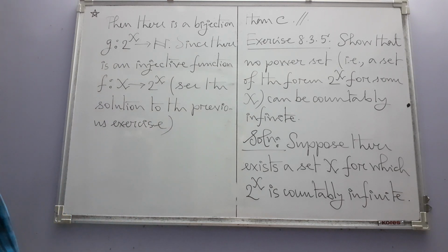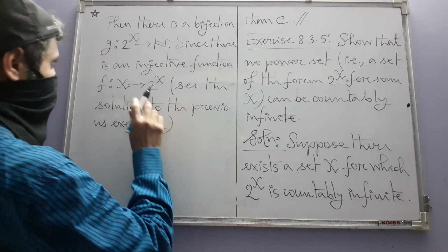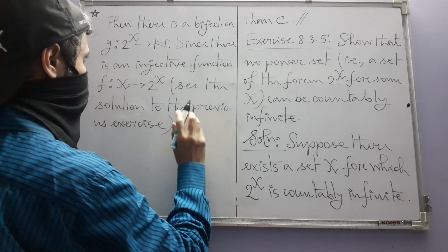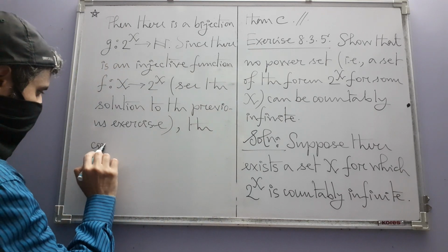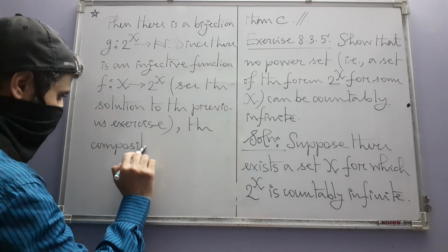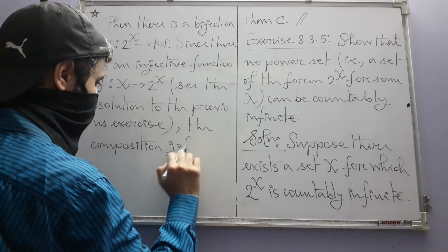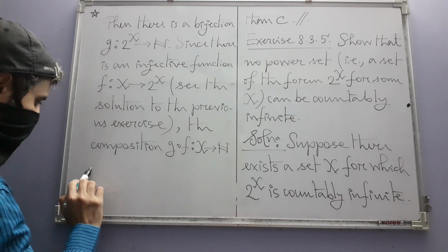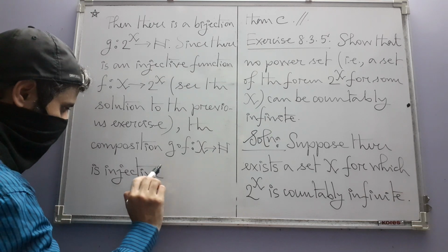Okay, so we can now compose these two functions and get an injective function. This is injective, we already know, and this is also injective because it's bijective. The composition G composition f, which is a function from x into n, is injective.